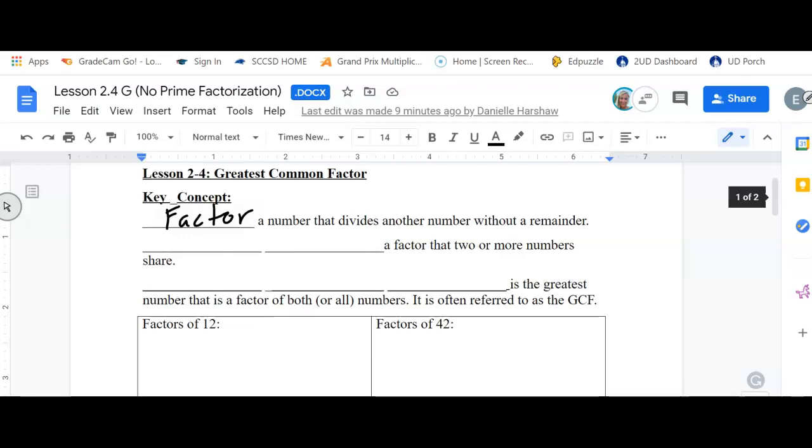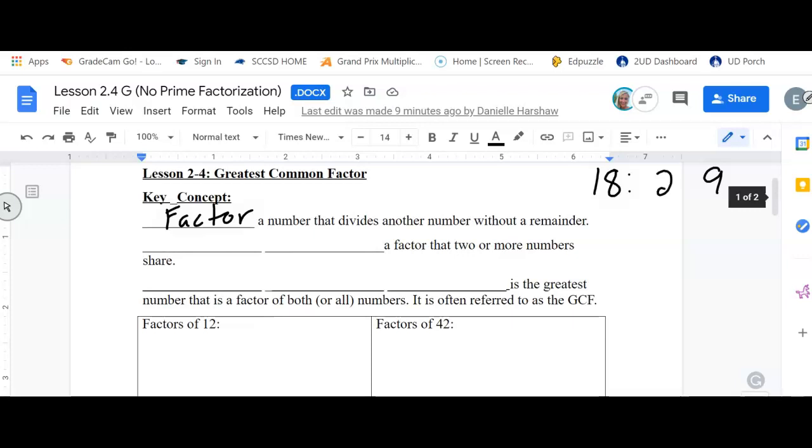Okay. So let's look at 18. What are some factors of 18? Colin? 9. So a factor is a number multiplied by another number to get your answer. So if 9 is a factor, there has to be something that goes with 9 to get 18. What is that, Bryce? Times 2.